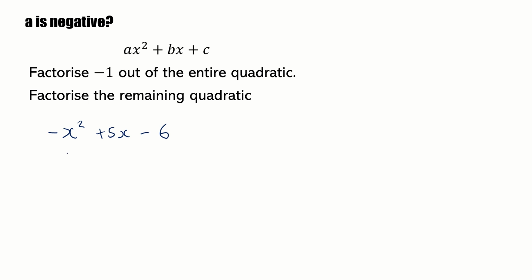So I am going to factorize minus 1 out of this quadratic to begin with because it's a negative number out the front. But just factorize minus 1 out, even if it was minus 2 out the front, it's just the minus 1 I'm factorizing out the front. So therefore I put a minus sign, open brackets, and then what goes inside the brackets is if I'm dividing by minus 1, but in reality I'm factorizing. So minus 1 x squared divided by minus 1 would just be a positive 1x squared.